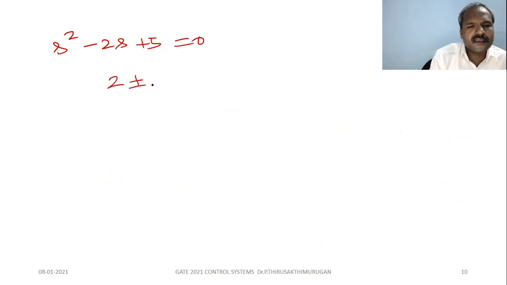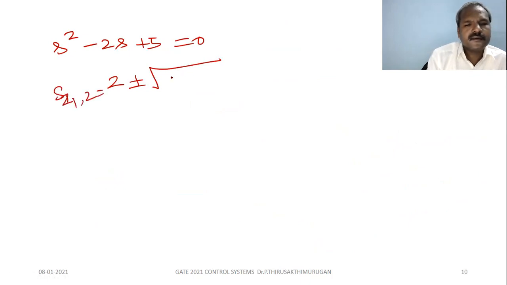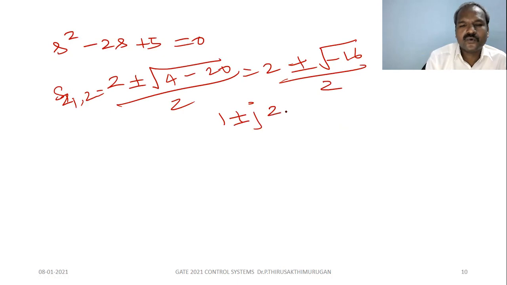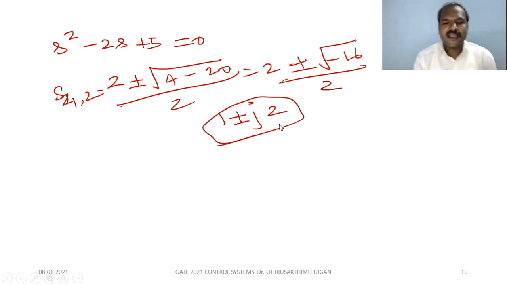It is 2 plus or minus the square root of b square minus 4ac, that is 4 minus 20, right? Divided by 2. So 2 plus or minus square root of minus 16, divided by 2. So 1 plus or minus j2. So this is the answer.